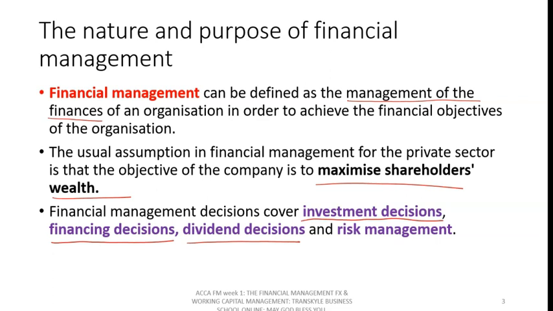What are the expectations of our shareholders? Do they want dividends in the form of cash, or do they want dividends in the form of shares? If we do not pay dividends, what is the reaction of our shareholders? So those are the decisions concerning dividend.